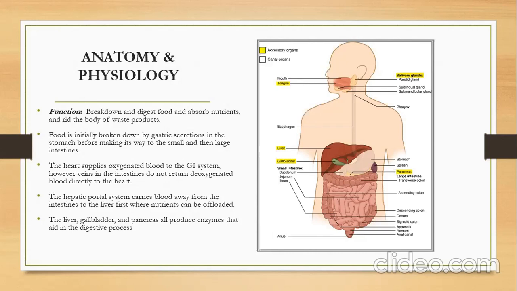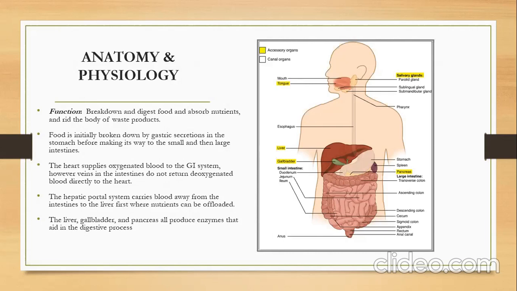Obviously, the heart supplies oxygenated blood to the GI tract, just like every other part of the body, except the only difference is in the intestines, the blood is then transported to the liver, where more nutrients can be absorbed and then transferred to the heart. And that is through the portal vein system.